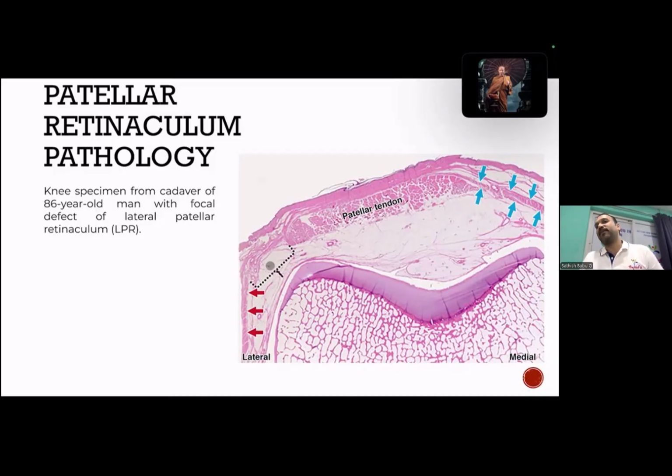So this is a pathological retinaculum, and you can see the alignment of the structures or the cells is not very linear, and it is clubbed with one another. It is forming a very dense band of tissue, which is not going to allow the patellar tendon to transmit the force easily. So it's not going to give stability on the lateral side, and the medial side has to give a lot of stability.